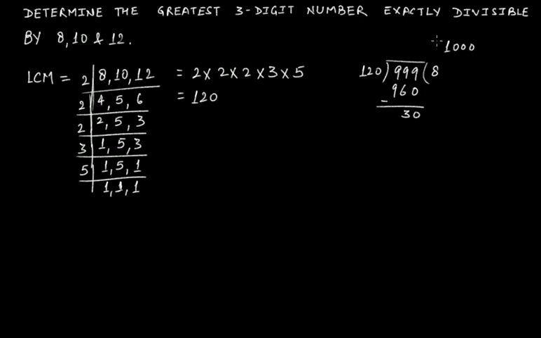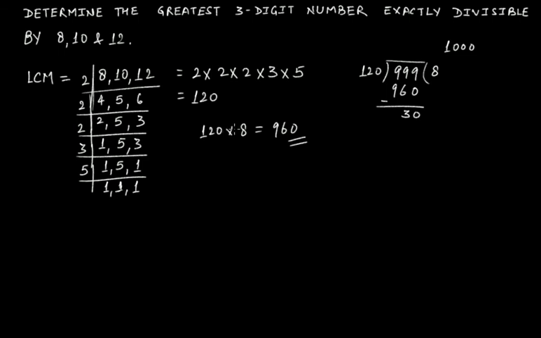If you do 120 times 9, that will exceed 999, and that is not applicable here. So the greatest 3-digit number divisible by 120 is 120 times 8, that is 960.